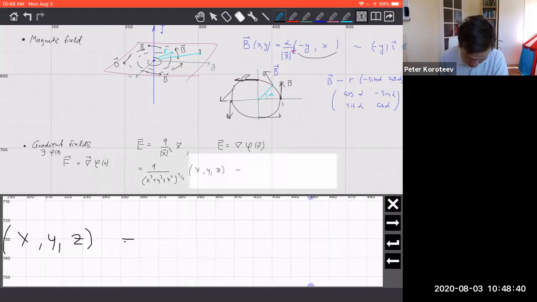We want this to be a gradient. So what is a gradient? You could think of it as a differential operator which is applied to every component.